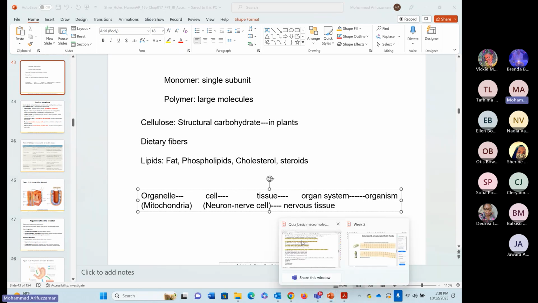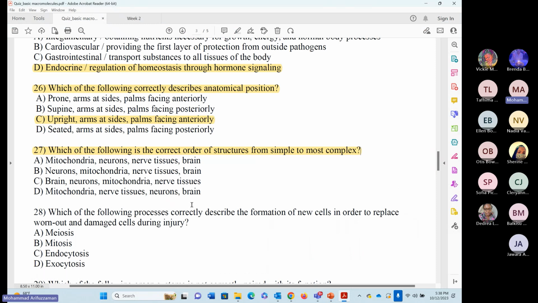Now, can you answer? Which of the following is the correct order? A. Yes, mitochondria. Mitochondria is the organelle. Then many organelles form neurons, that is the cell, and a group of cells forms tissue like nerve tissue, and different types of tissue form an organ, the brain. So A is the correct answer.